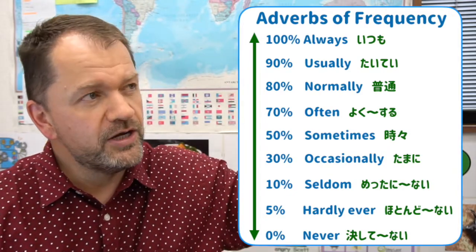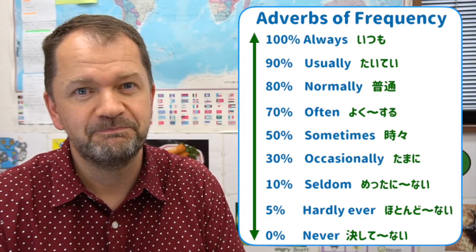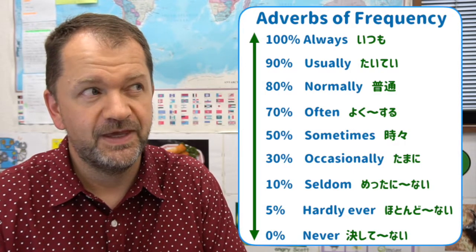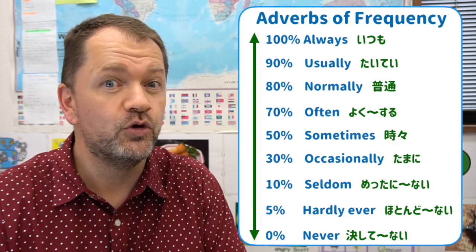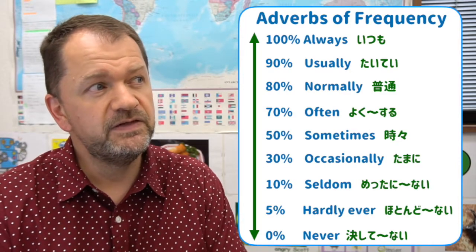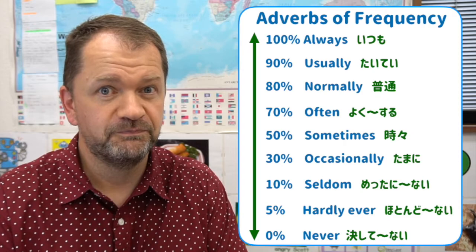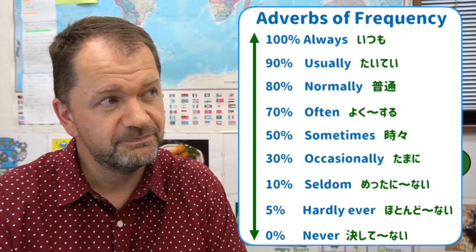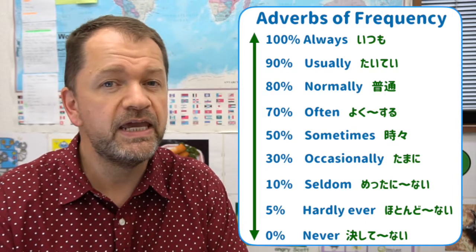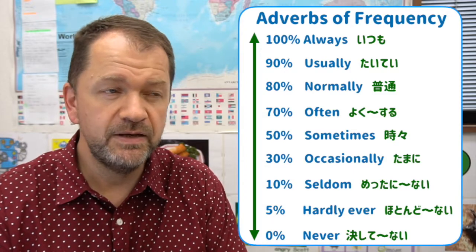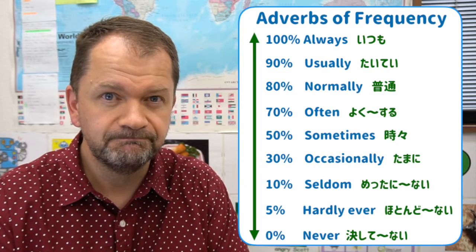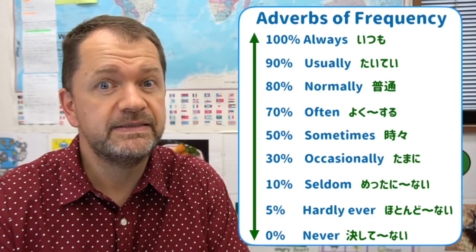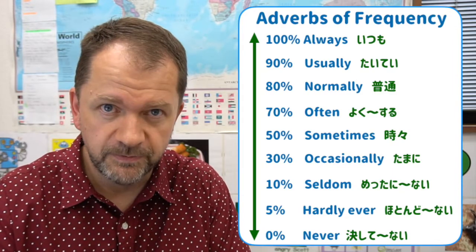Okay, 100% is always. 90% is usually. 80% is normally. 70% is often. 50% is sometimes. 30% is occasionally. 10% is seldom. 5% is hardly ever. And 0% is never.